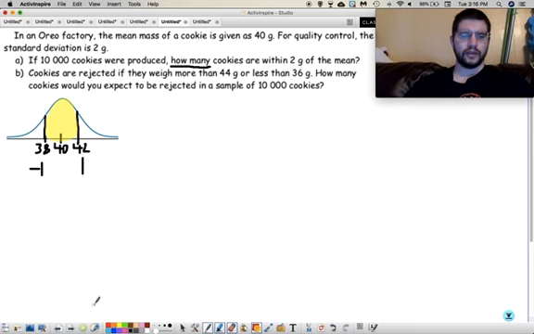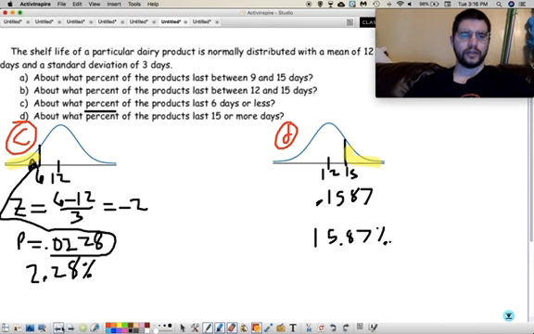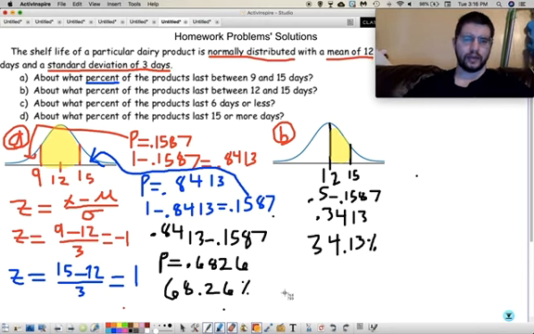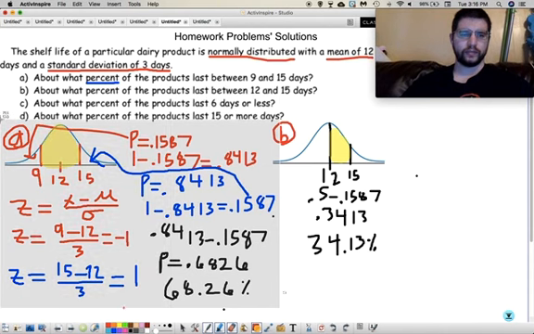So it's negative 1 to 1. And we already looked at those values in the first problem, negative 1 and 1. And we found that exact percent right here for number 1. It's the same exact problem as number 1. So we have 68.26%. I'm just going to copy all this work over.